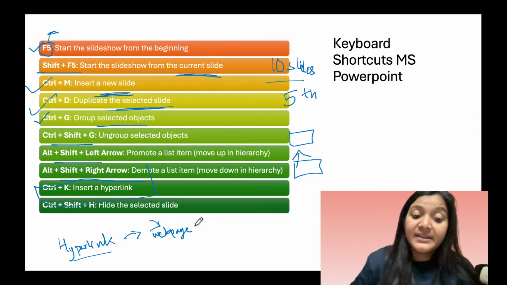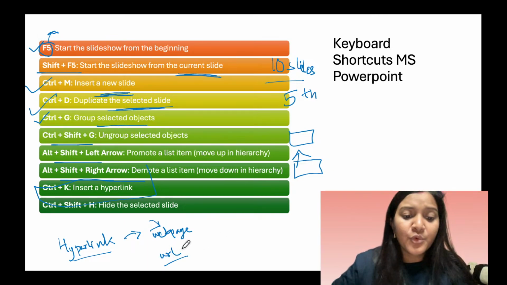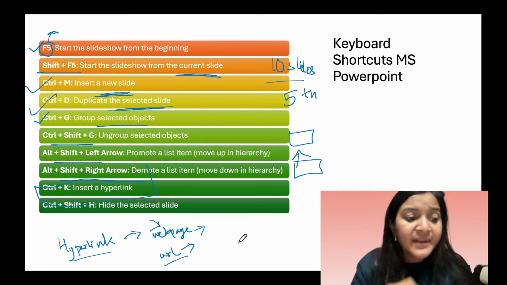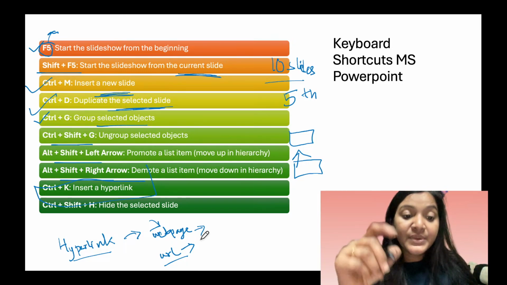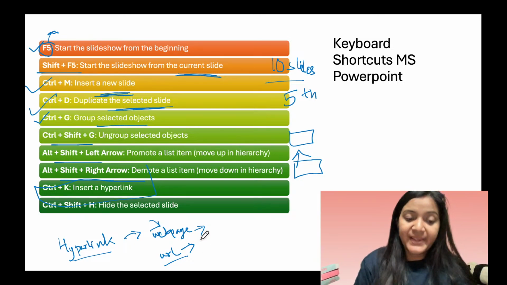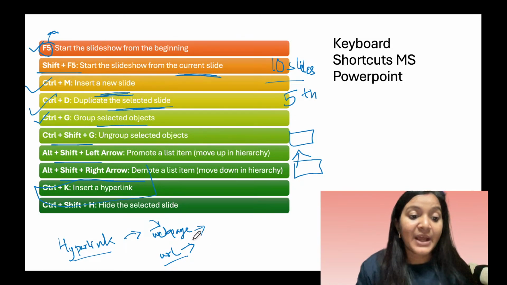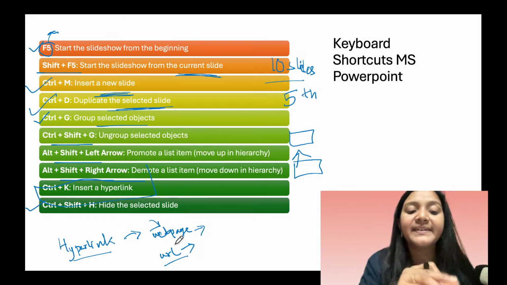That link, that URL, you are all CGL students, you should know what a URL and a web page are. You paste the URL of that website over there, then it will be a hyperlink. Now the last is Control Shift H, hide the selected slide. That slide will be hidden.